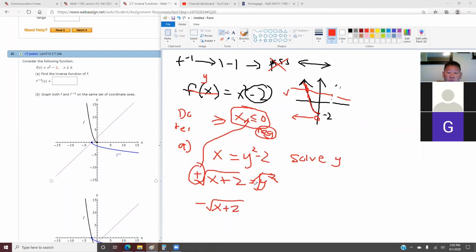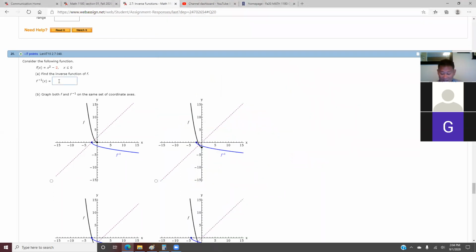If your domain restriction is given to us like this, which is a positive side, then we will take the positive of it. You guys with me here? So the inverse function in this case is given to us by negative square root of x plus 2. A lot of students make a mistake here by not giving a negative of it, and that's why they get it wrong.